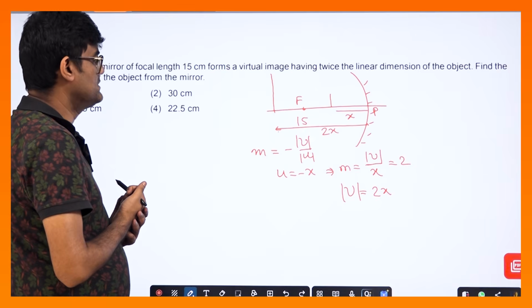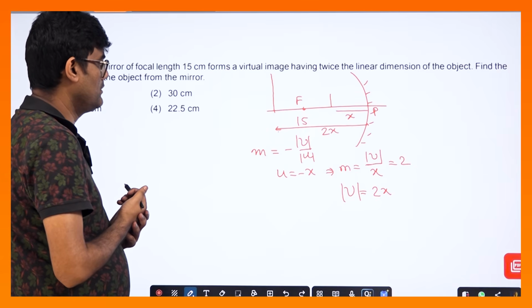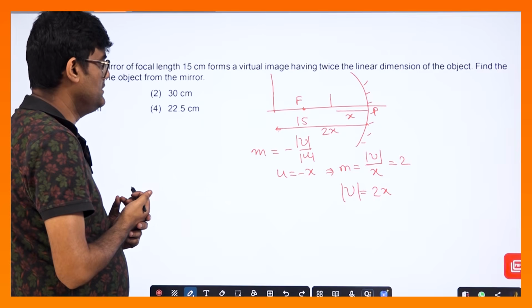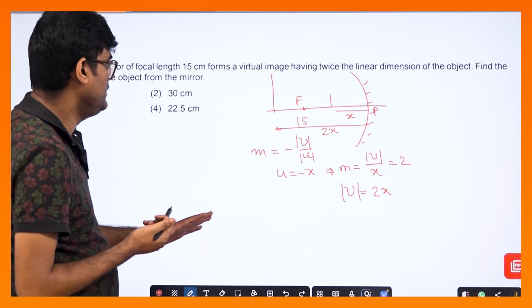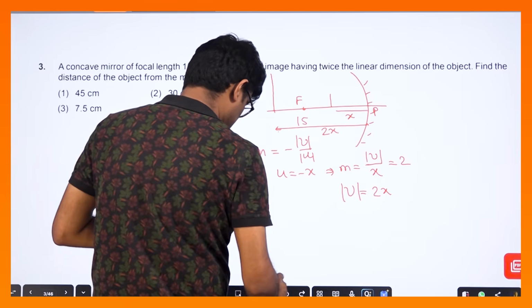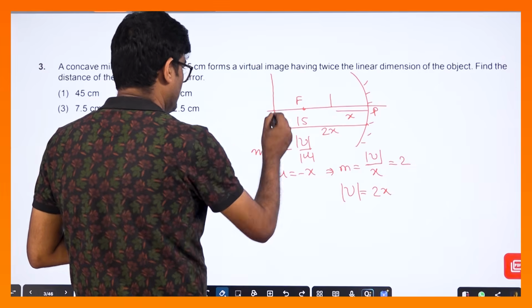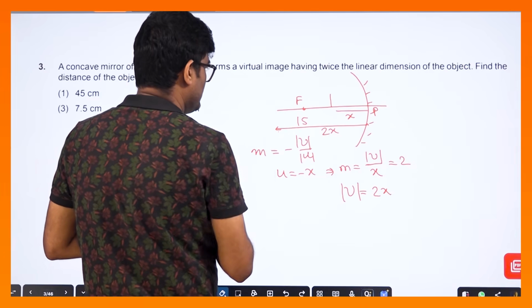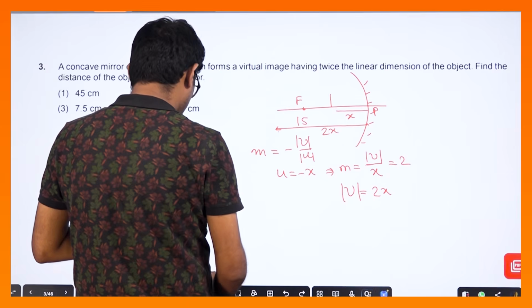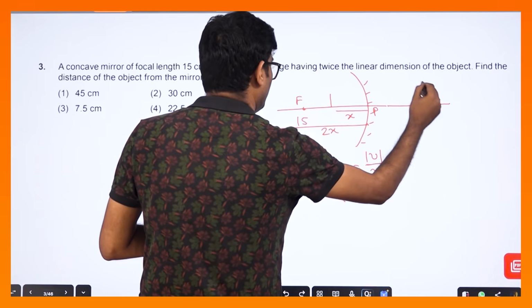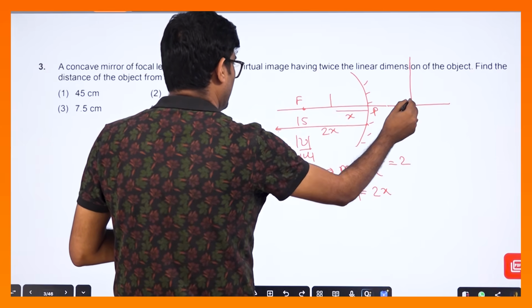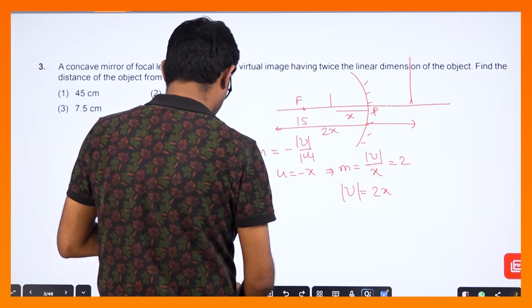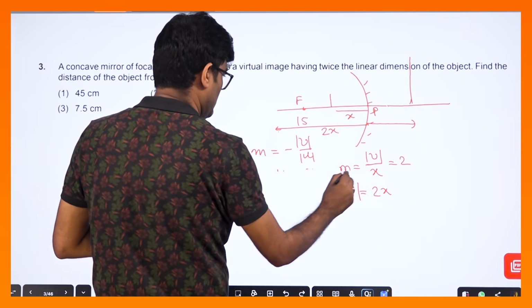So if u is negative and v is, I think v is not negative in this case, sorry. Because look, magnification is positive. If magnification is positive, then definitely v will be plus. Yes, I have made a mistake here.